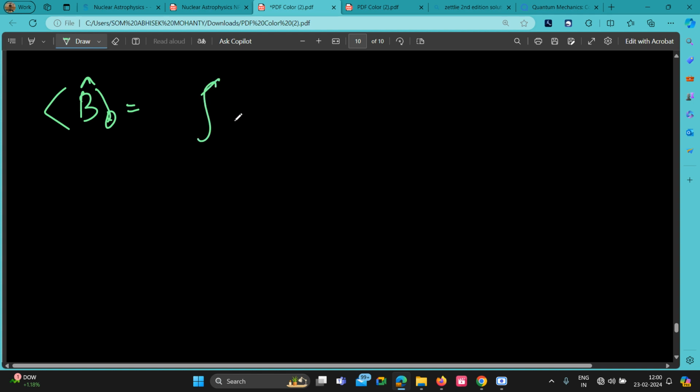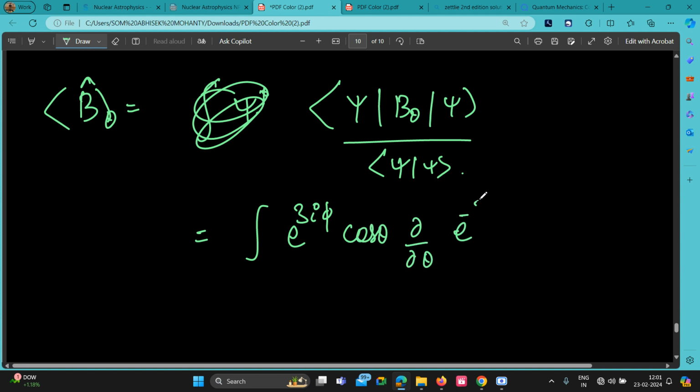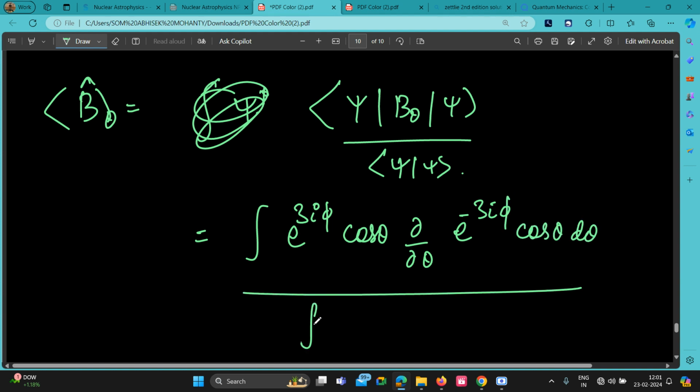Expectation value: integration of psi star, e to the power 3i phi cos theta, del by del theta of e to the minus 3i phi cos theta, d theta, divided by the integration of e to the power 3i phi cos theta times e to the minus 3i phi cos theta.